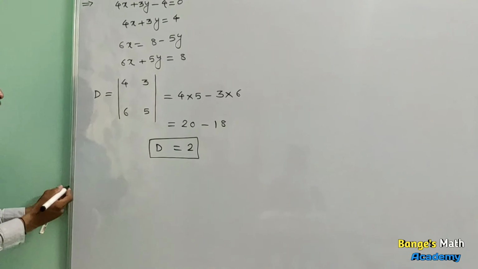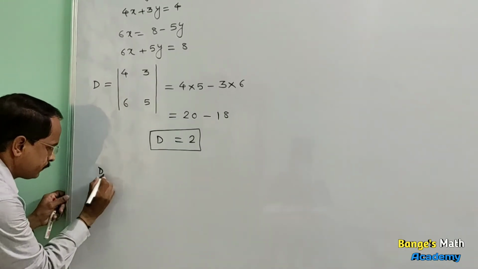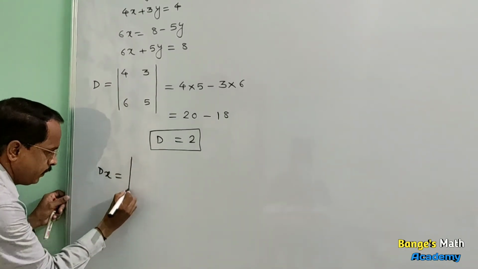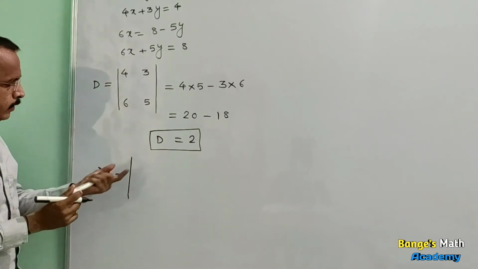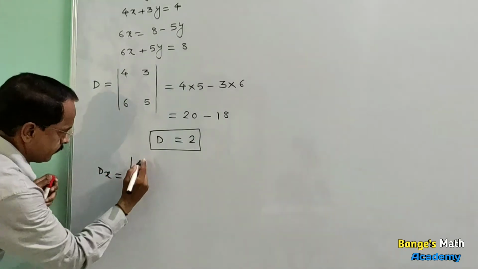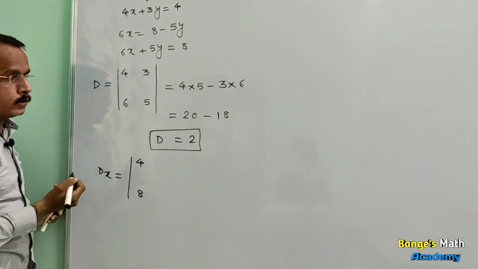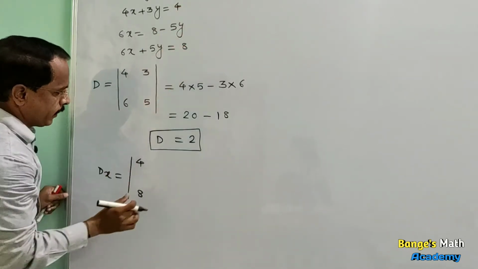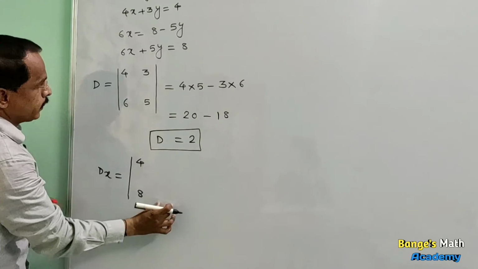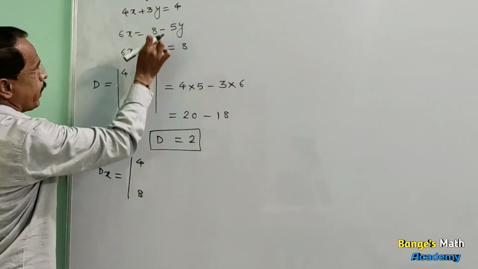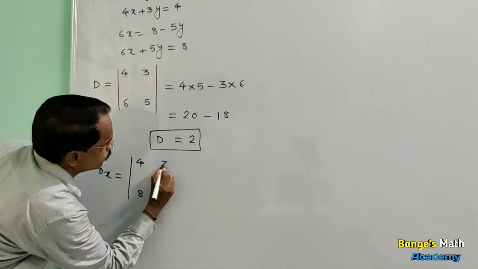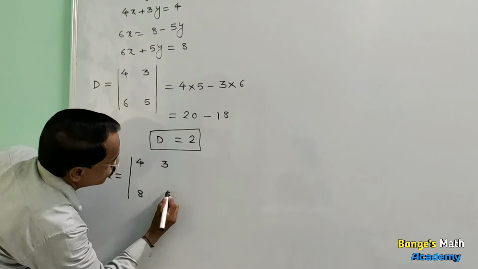Then find the value of dx. Dx is equal to, in the first column write down the constant terms 4 and 8. In the second column write down the coefficients of y as it is, 3, 5.